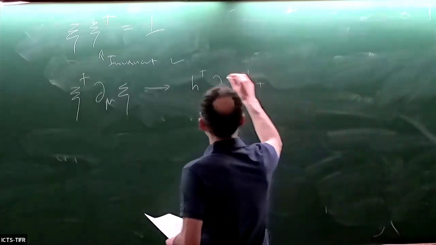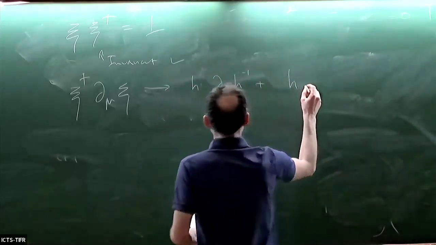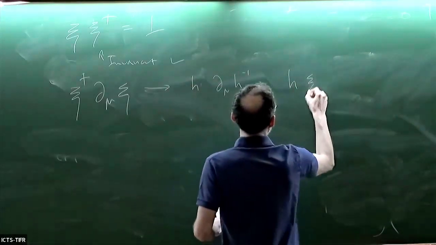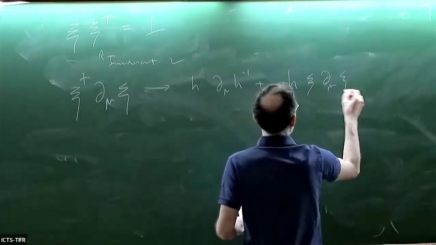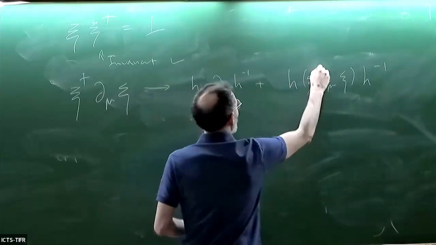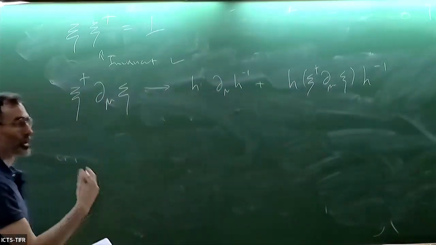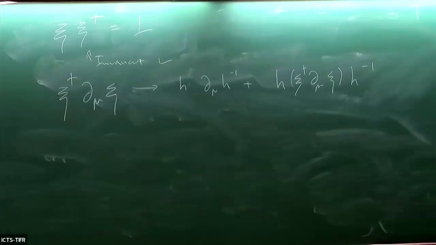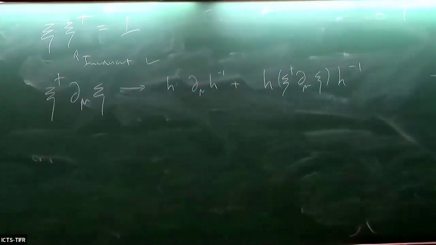No, minus 1 is on the right. Not that it matters much, but anyway. And then psi itself. It's a good exercise to do. G itself doesn't depend on the field, so the derivative will not act on it.